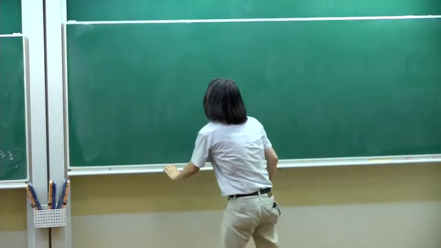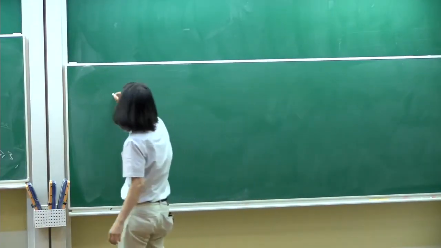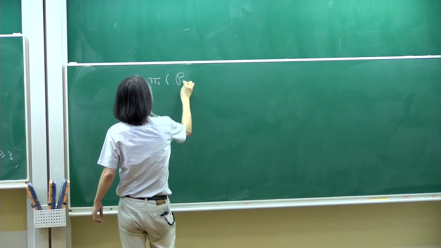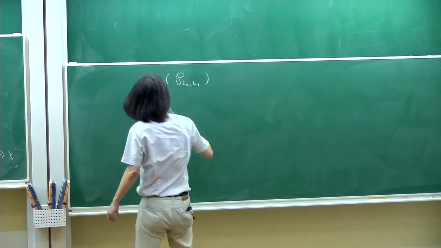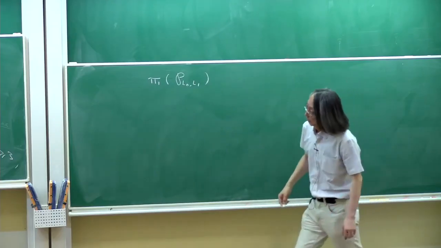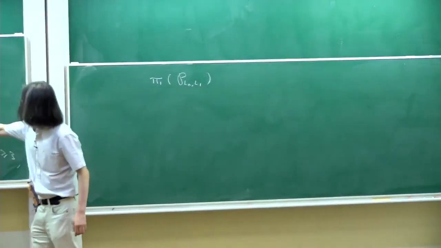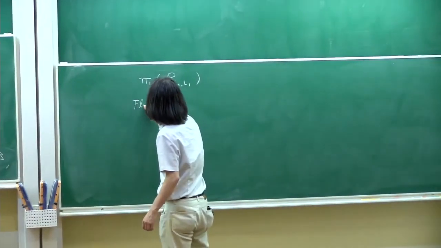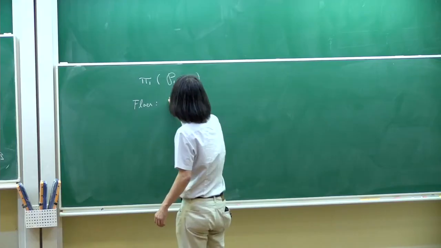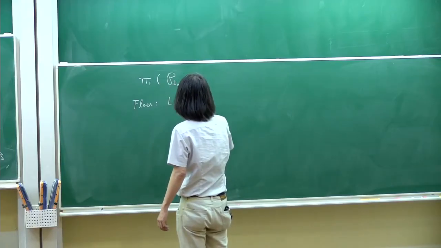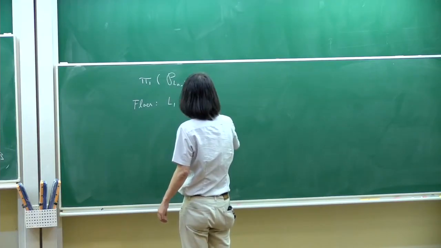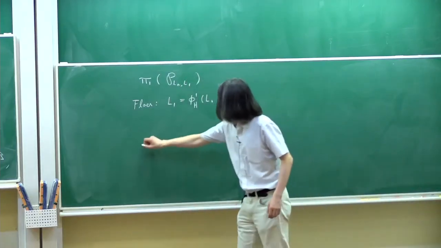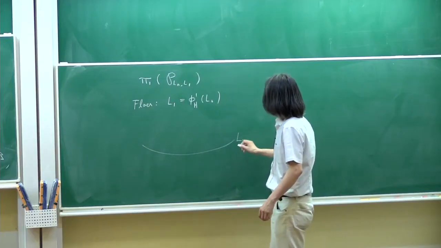Another small thing is that what I discussed before is actually this one. But how is this condition related to that one? In Floer's case, he considered the case that L1 is a Hamiltonian deformation of L0. So you have two Lagrangians, L0 and L1, somewhere.